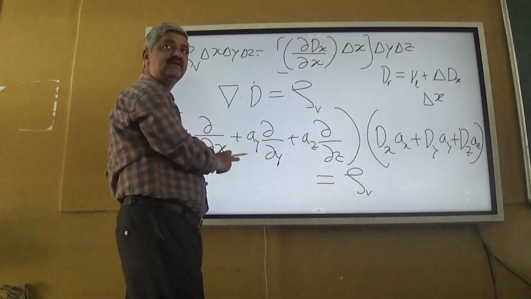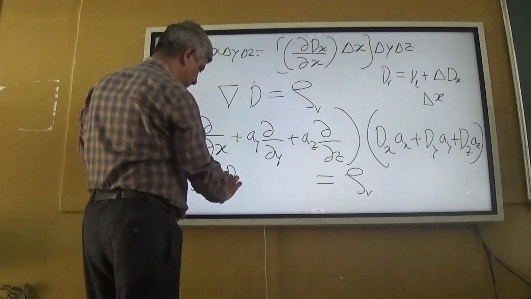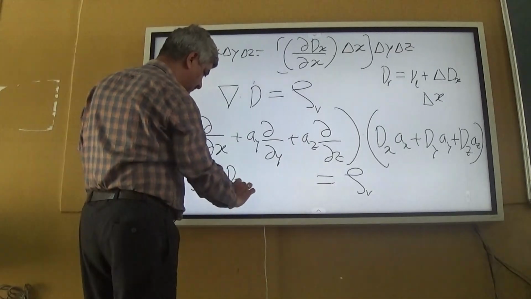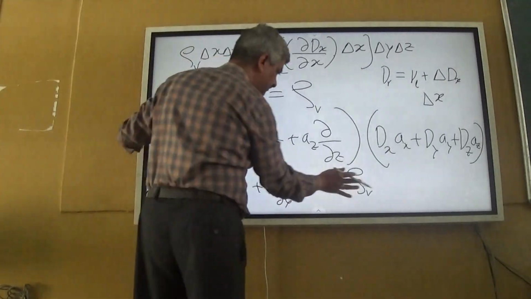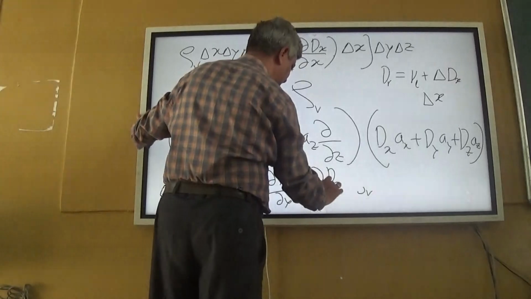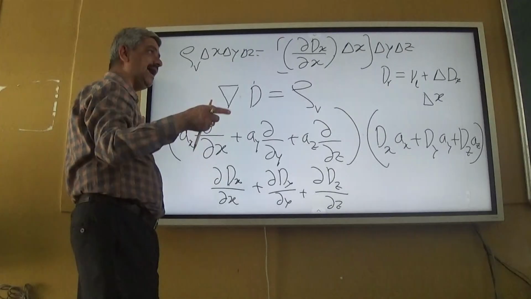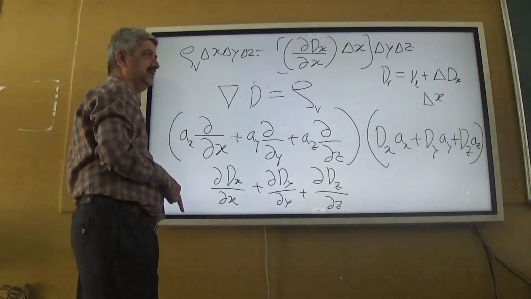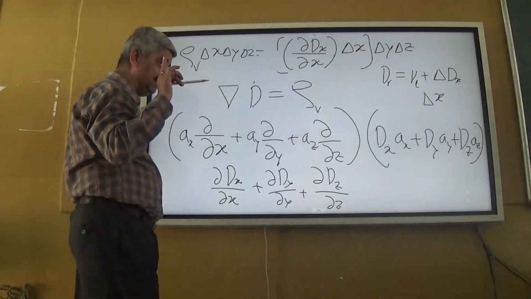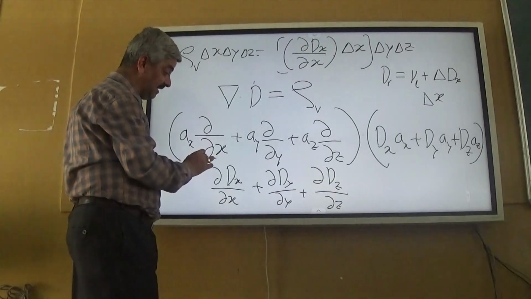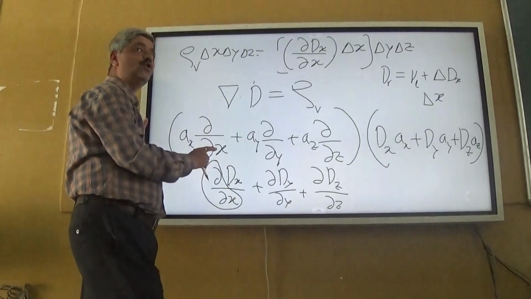So del Dx by del x plus del Dy by del y plus del Dz by del z is represented by this formula. The del operator is as good as multiplication. I am repeating the words, as good as, because del by del x into Dx is actually not multiplication in that way.